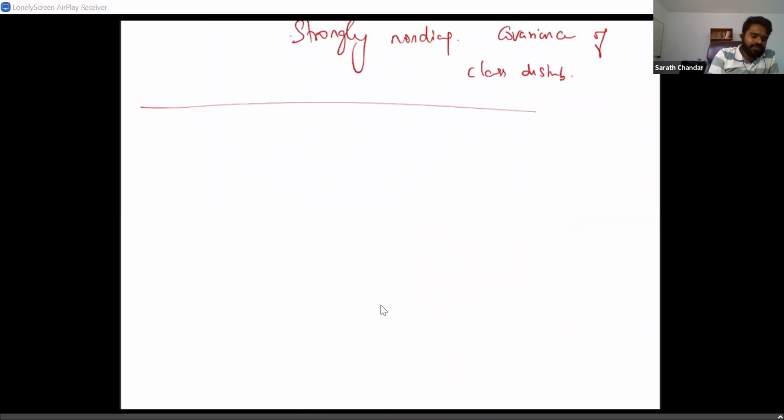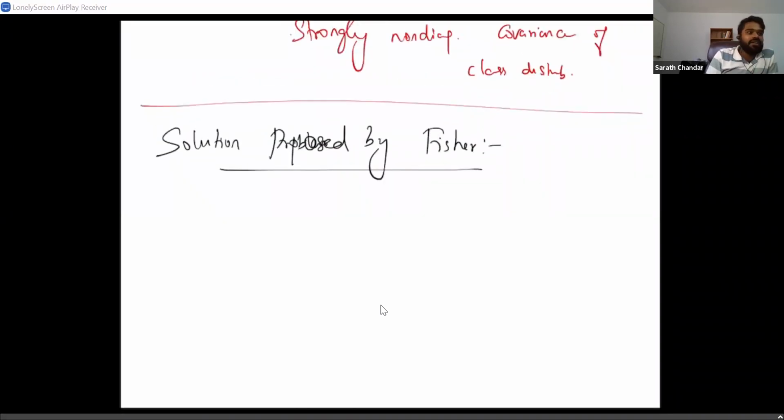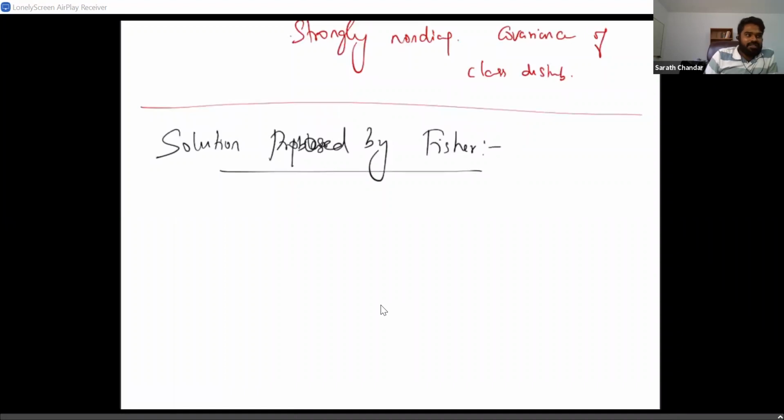There is a better solution, in fact, a named solution by Fischer. This is the solution proposed by Fischer, probably in the 1930s. I'm not sure, probably in the 30s. Okay, so the idea is this.